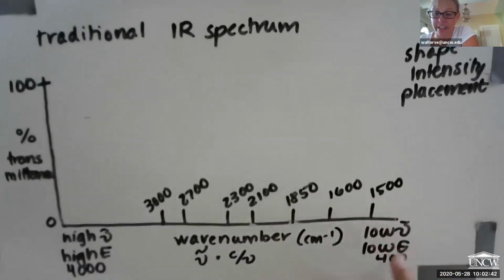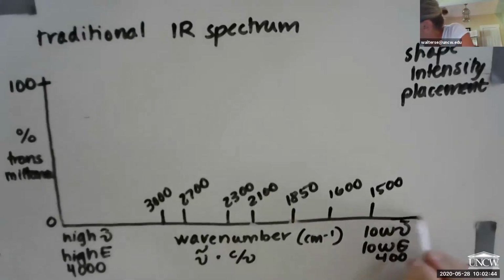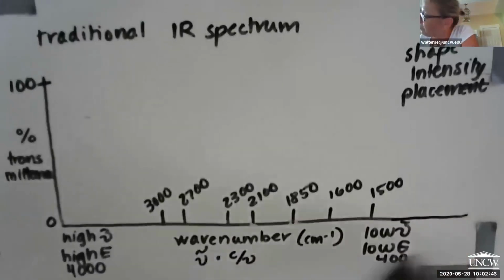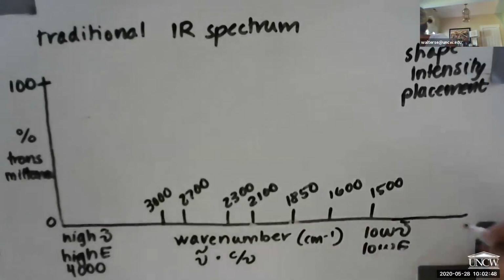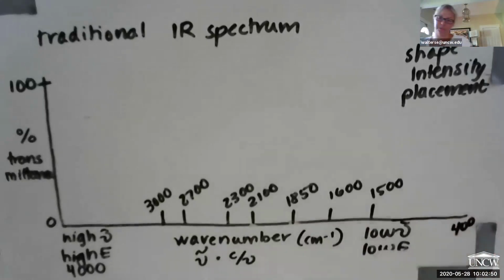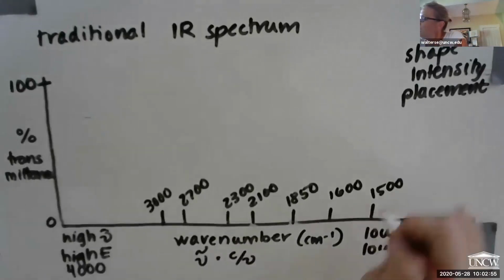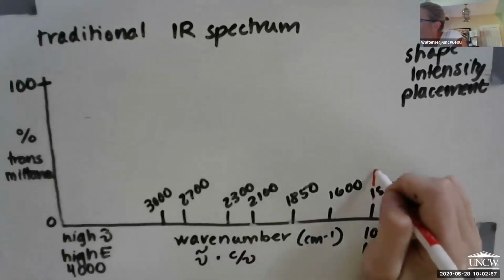So obviously I'm way off scale. We should make this. There we go. We'll put 400 over here. Okay. All right. 1,500, draw a line up.